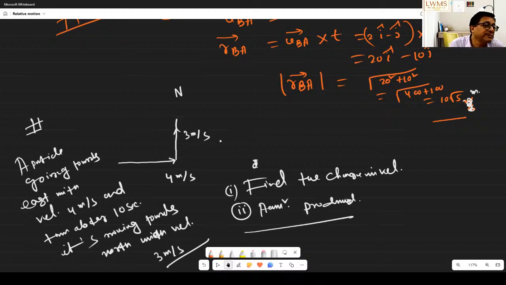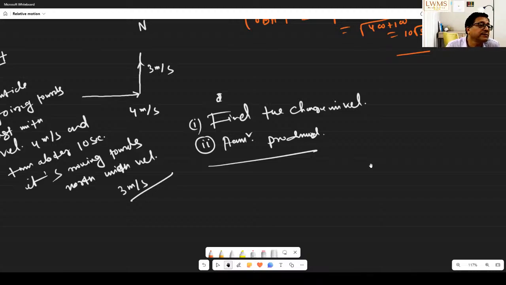Can you find? It was 4 meter per second, then in 10 seconds it changes to 3 meter per second towards north. Then what will be the change in velocity? See, when you are answering this kind of question, there is a very important concept. What is the concept?